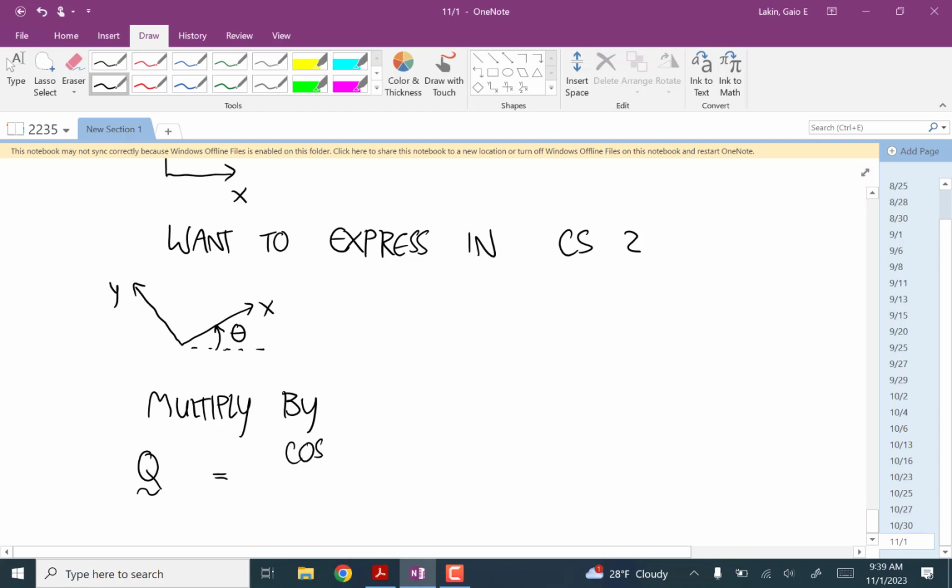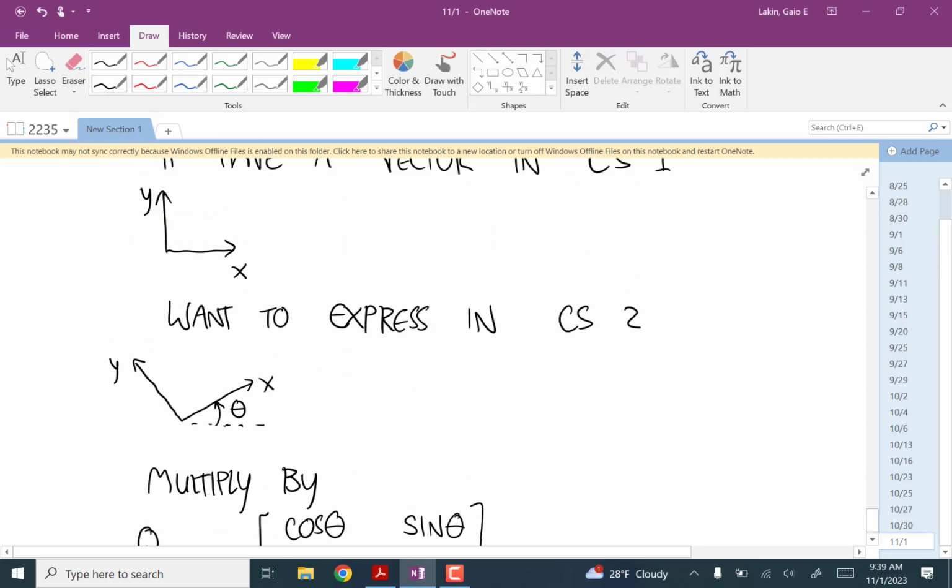that's equal to cosine of theta, sine of theta, negative sine of theta, cosine of theta. Okay, so let's see how this works.